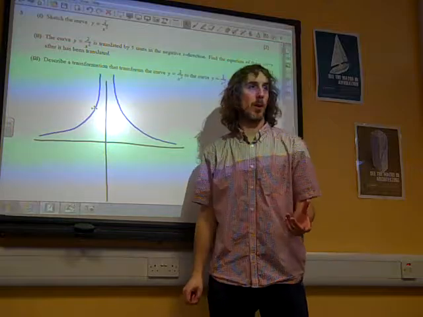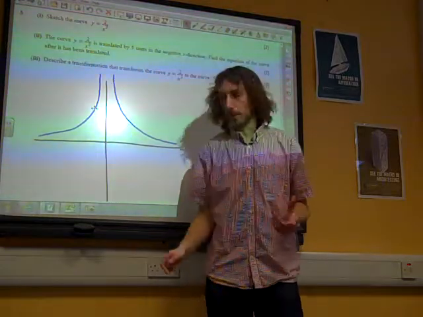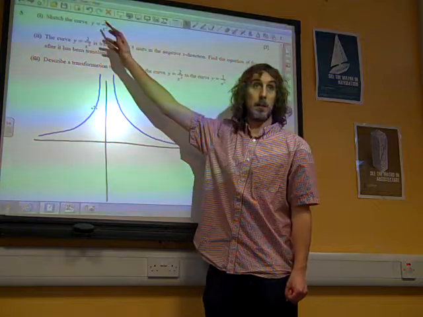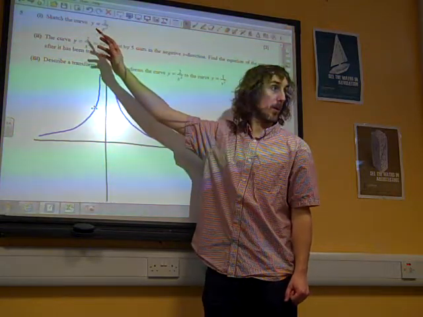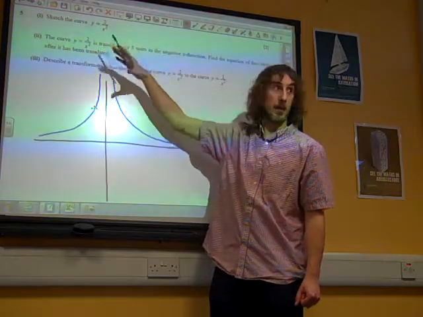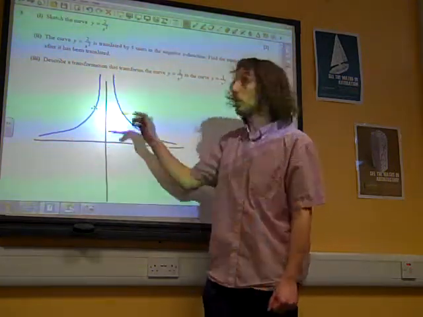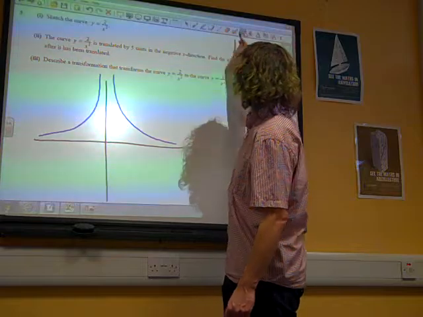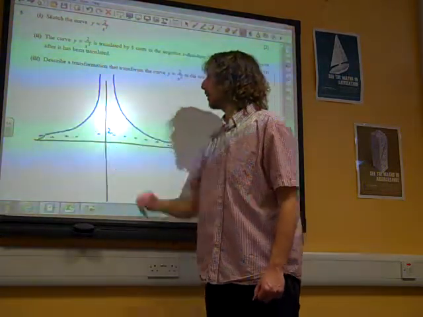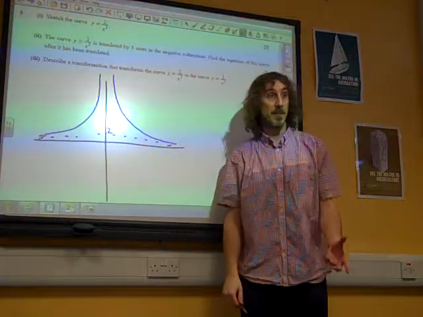One of the things I saw quite a lot of was people misinterpreting what the 2 means. If it was 1 over x squared plus 2, then that would be this graph moved up 2 units, and that would have an asymptote of 2. A few people had incorrectly drawn in an asymptote there like that, and tried to make it look like there was an asymptote of 2, but there isn't.